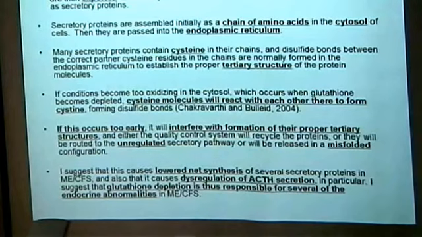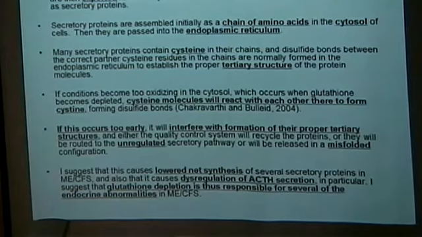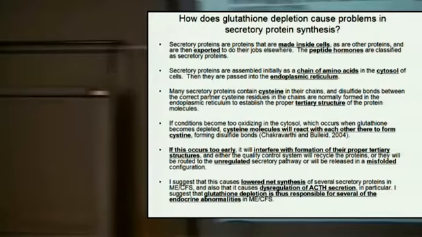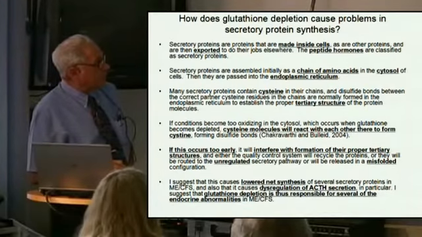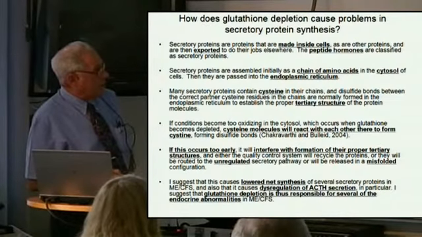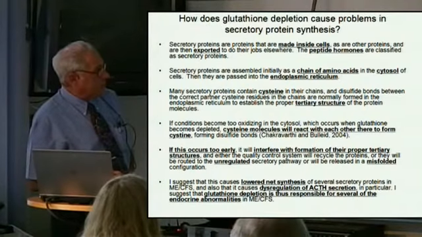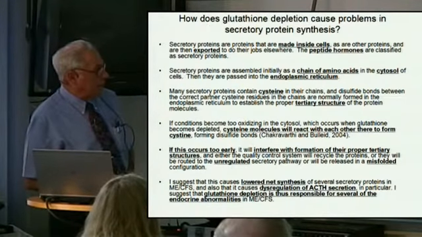So what happens when glutathione is depleted? I already talked about this export to the outside. They form the chain of amino acids, and they go in the endoplasmic reticulum. And there's the cysteine, and then they form disulfide bonds to give you the tertiary structure. Now, if it becomes too oxidizing, the cysteines will react with each other too early, and then you can't make the right structure of the molecule.